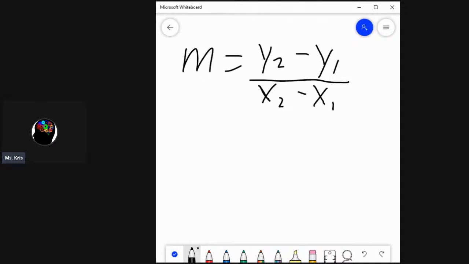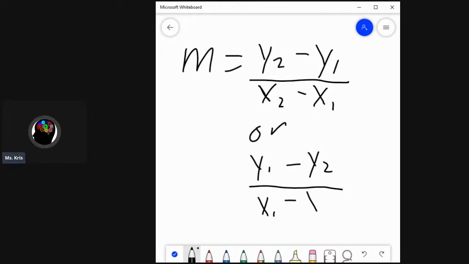Now, you can also do the first y minus the second y and the first x minus the second x.